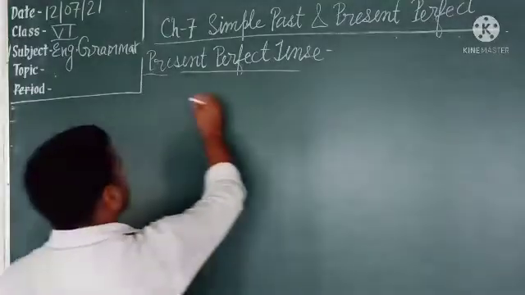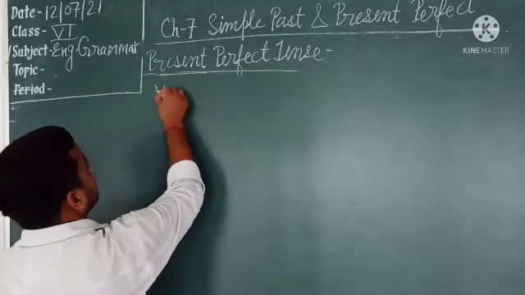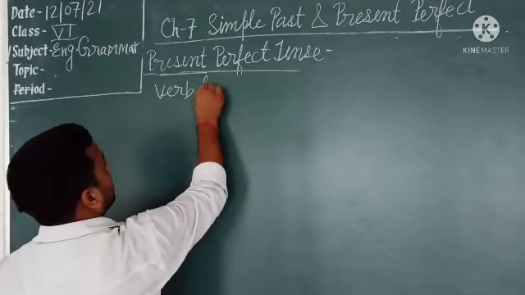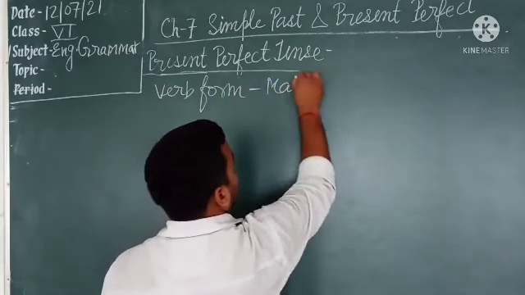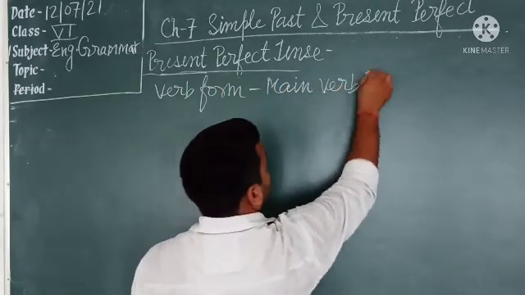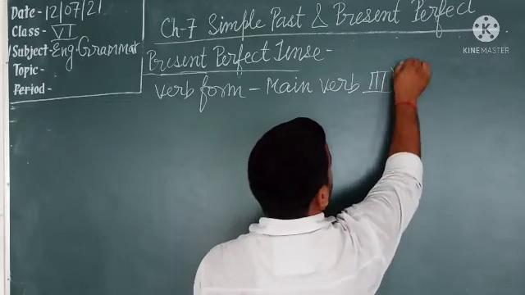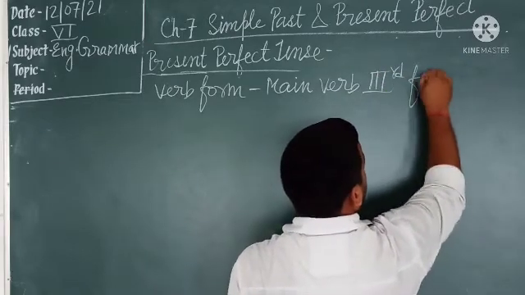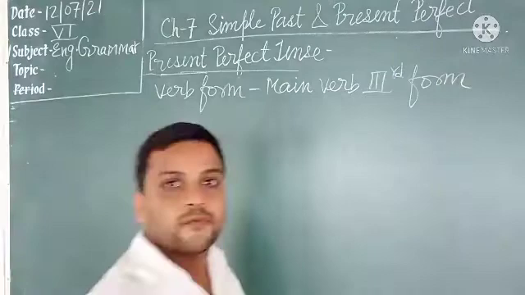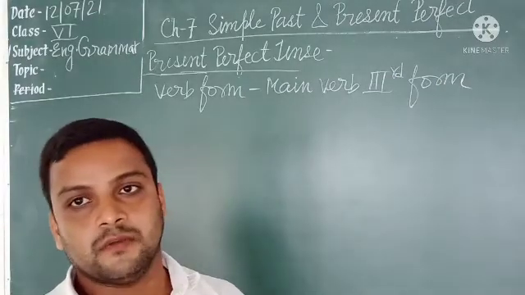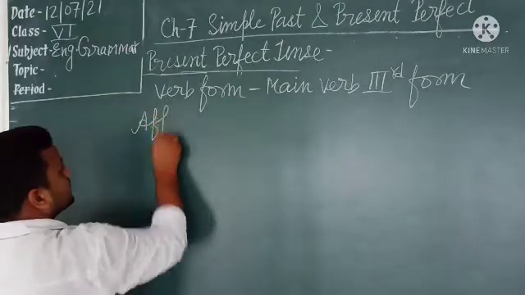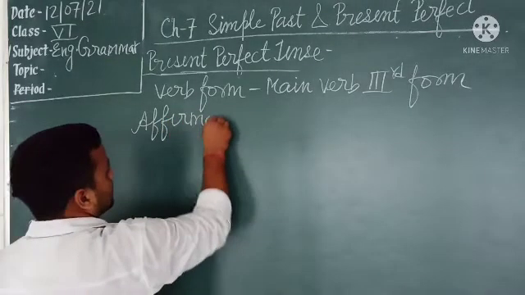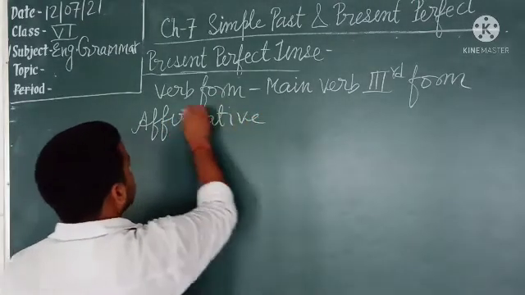Students, now see the verb form of this tense. Main verb, third form. In this tense, we use the main verb in its third form. Okay? So students, now see the structure of affirmative sentence.